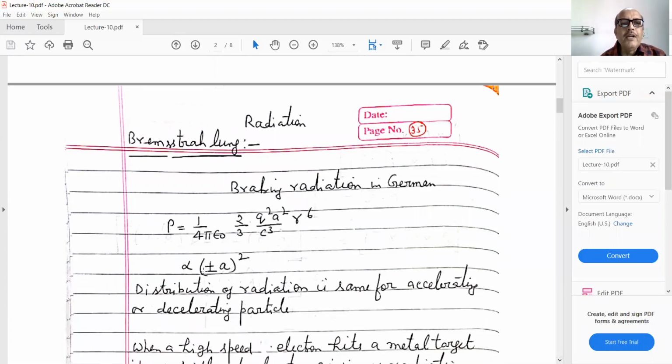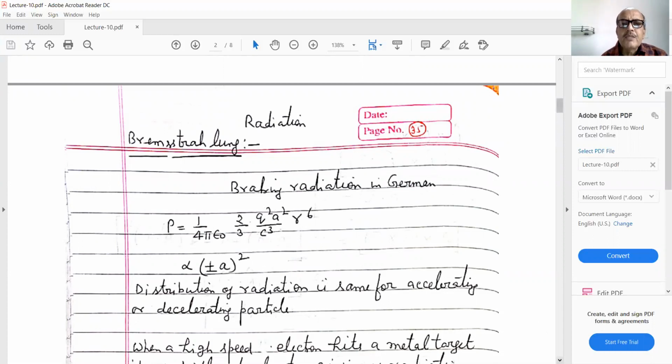So it is proportional to plus and minus a square. That means either the charge is accelerated or decelerated. The distribution of power is given by this formula. So the distribution of radiation is the same for an accelerating and a decelerating particle with the same acceleration or deceleration.